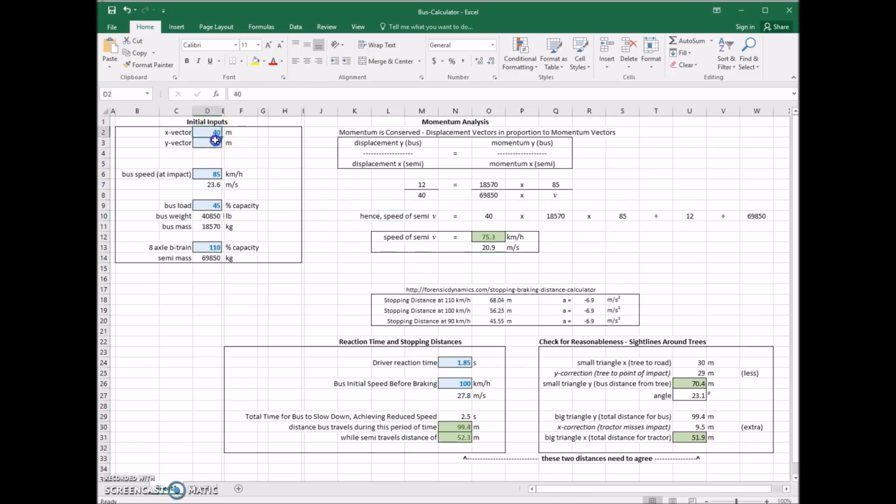I mean, certainly you could change this X and Y vector, and all of these other numbers that are in blue are changeable. While it's just dealing with some pretty general measurements, I think the results from this are fairly accurate, even though it's not intended to place blame on anybody, and it's not to be confused with the actual investigation that's going on.